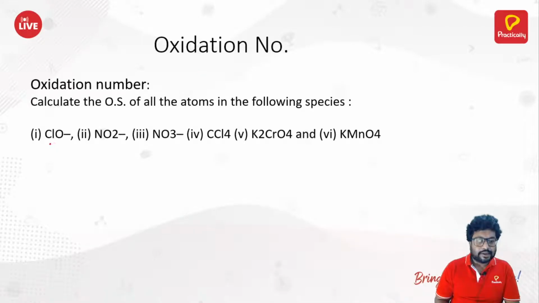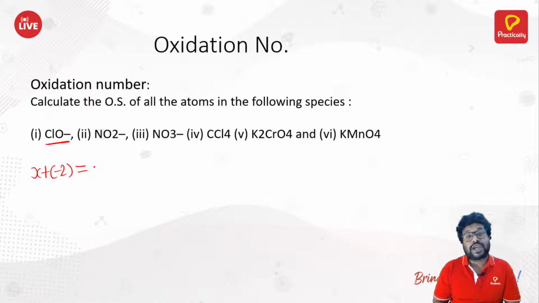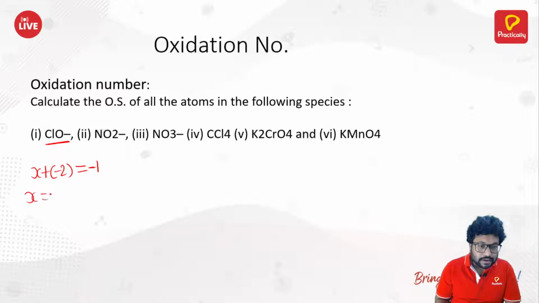First is ClO minus. Now we don't know what's the oxidation number of chlorine, right? So again we'll write X. For oxygen it is minus 2. That is equal to the overall charge. Overall charge is not 0 here, it's minus 1. So X is equal to minus 1 plus 2. Therefore X is equal to plus 1. That is why chlorine has plus 1 oxidation number here.